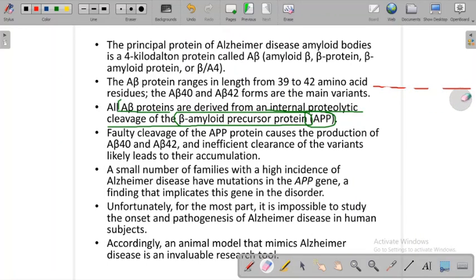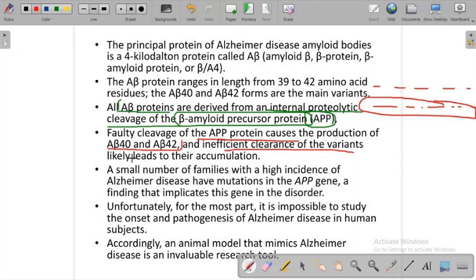The cleavages should be proper. But imagine the cleavages are improper, what will happen? Because of this improper cleavage, the protein will change, there will be a change in the structure and ultimately in the function of the protein. So faulty cleavage of APP protein causes the production of amyloid beta 40 and amyloid beta 42, and inefficient clearance of variants likely leads to their accumulation. And this accumulation we generally call amyloid bodies.